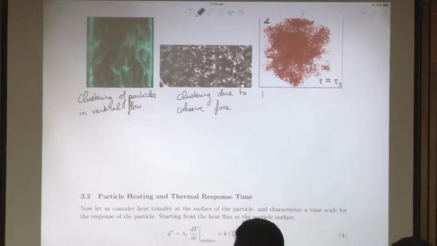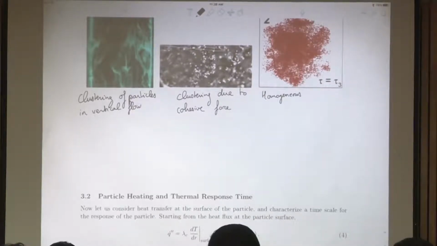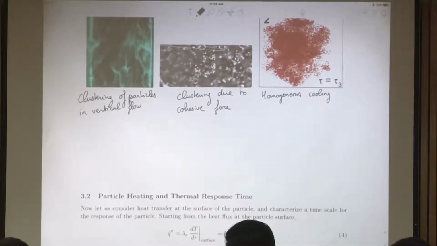That's called homogeneous cooling. You can think of this as a high temperature gas, where you look at the molecules as they cool themselves down, except here we're working with particles.